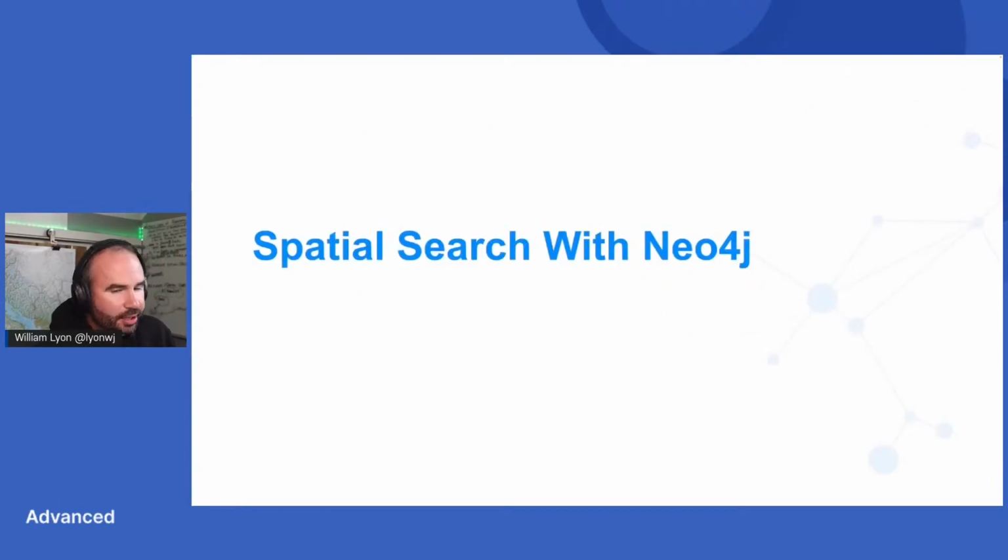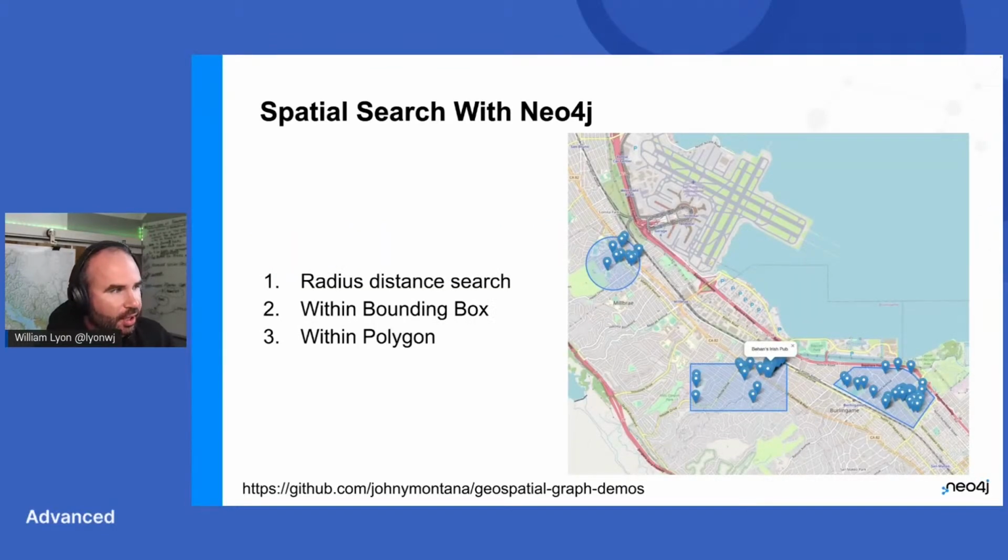Okay, so let's talk about spatial search with Neo4j. So we know we can traverse the graph using Cypher and Neo4j to answer questions like, show me, I don't know, Irish pubs near me that are open now, that my friend has reviewed positively, that's also around the corner from an Italian restaurant that serves tiramisu because I like tiramisu for dessert, right?